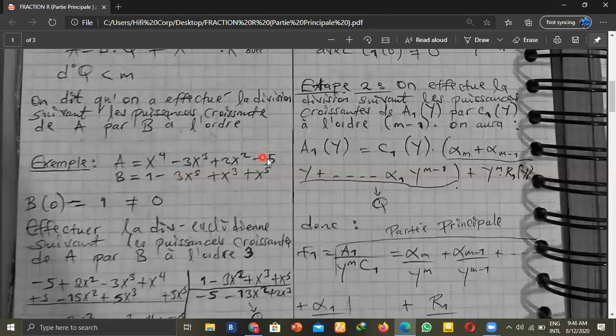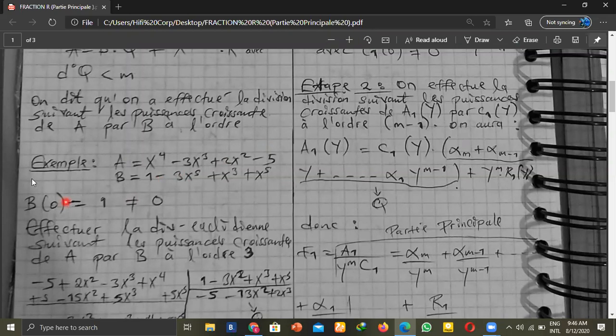What we've been doing in the normal one was in decreasing powers, if you check well. But for us to use the partie principale, we have to divide these two with increasing powers.